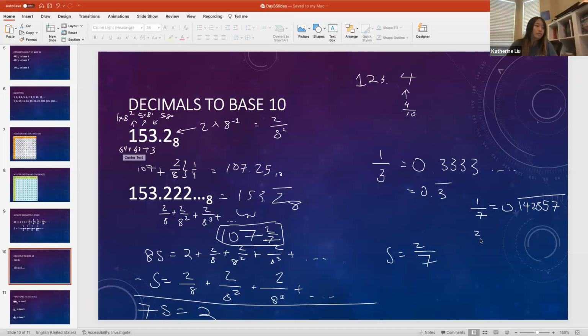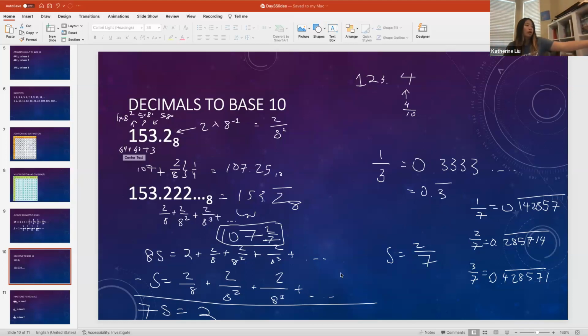So 2/7 is going to be 0.285714, and then repeating. And then 3/7 is going to be 0.428571 repeating. So it's just using these same digits in the same order, but choosing the next lowest number to start with.